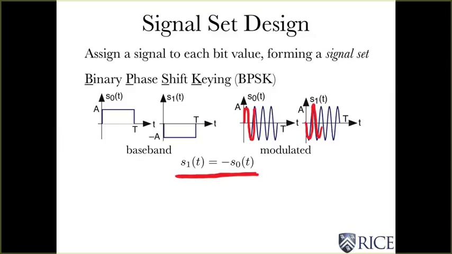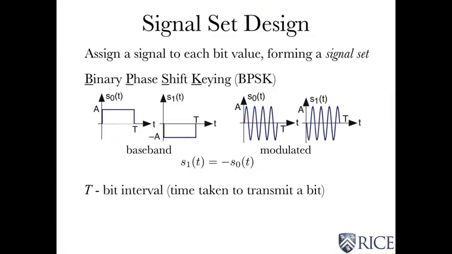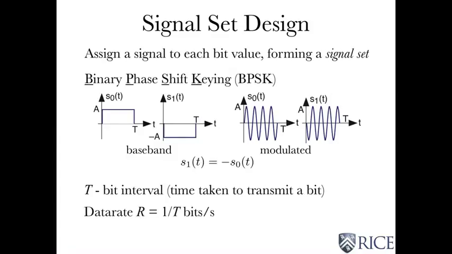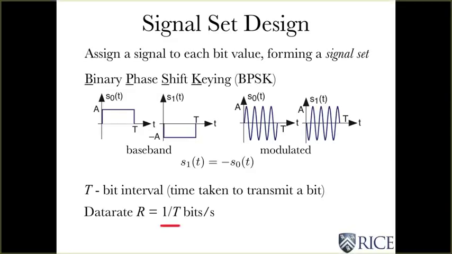Now the important thing about signals in a signal set is that they are of finite duration. We're going to send one bit after another, and that means each signal that represents a single bit has to take only a specific amount of time. We call that time capital T, and it's known as the bit interval, the time taken to transmit a single bit. This has an important consequence, because the data rate, the rate at which we send bits, is given by the reciprocal of that time interval.